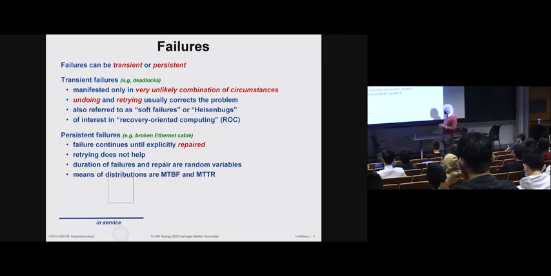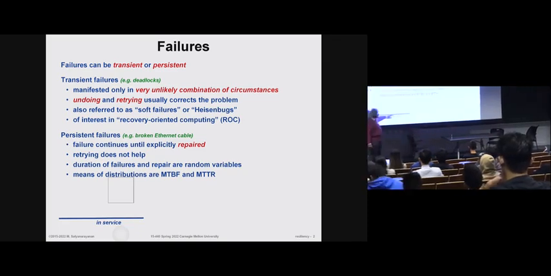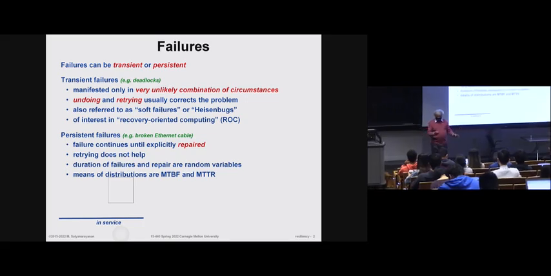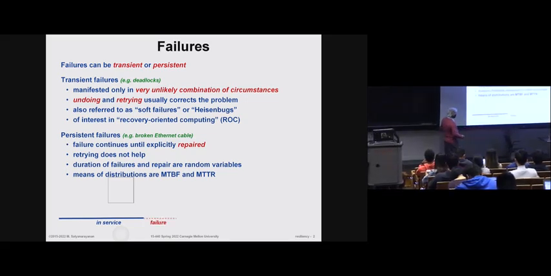So, if you look at your Fios cable to your home, it's working for days, weeks, months, maybe years. Nothing's wrong with it. And then one fine day, Murphy strikes. Your neighbor's workmen cut the cable.